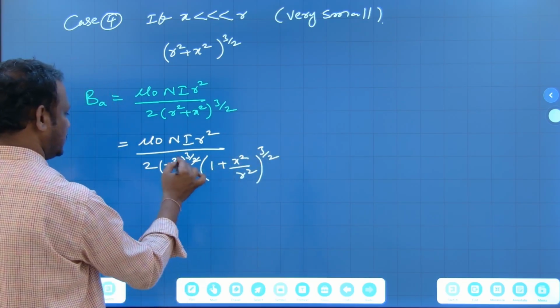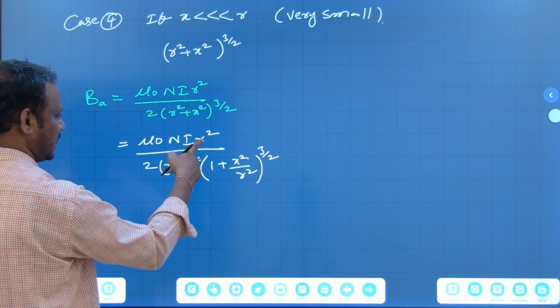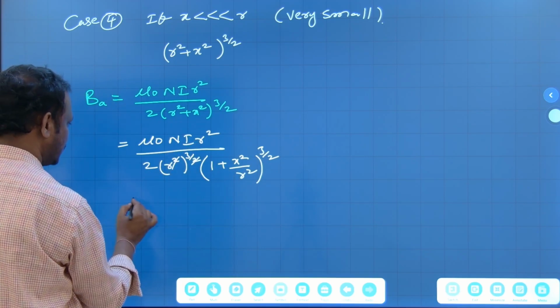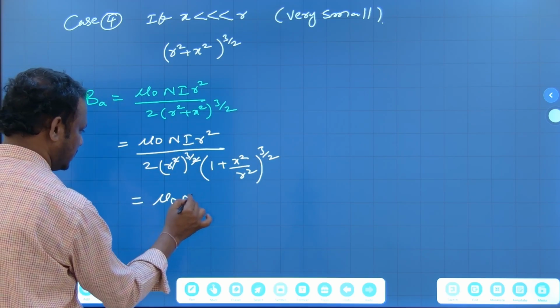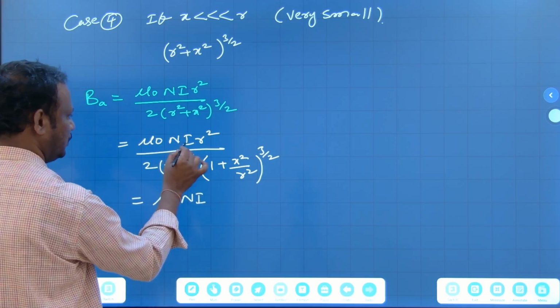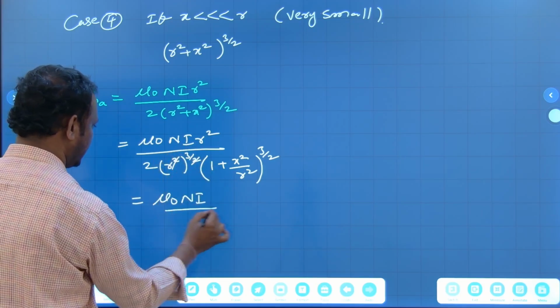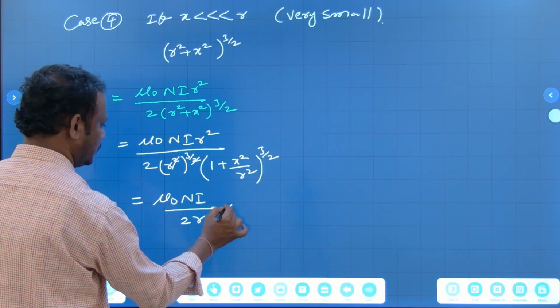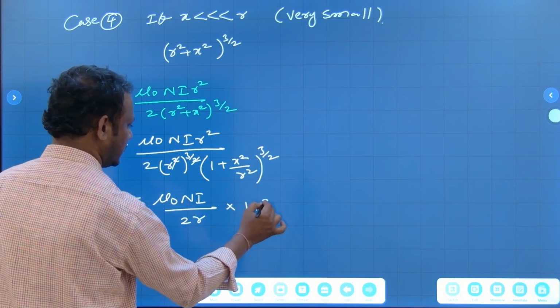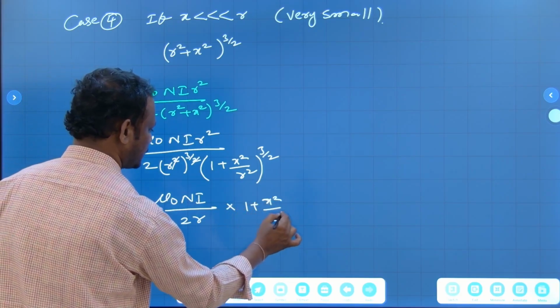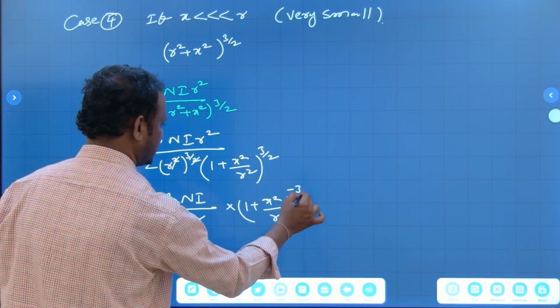This cancels: r cube and r square become r. So this is mu naught Ni by 2r into 1 plus x square by r square to the power of minus 3 by 2.